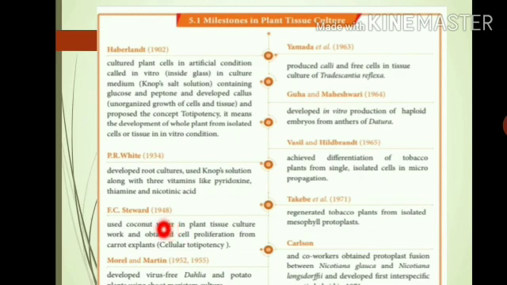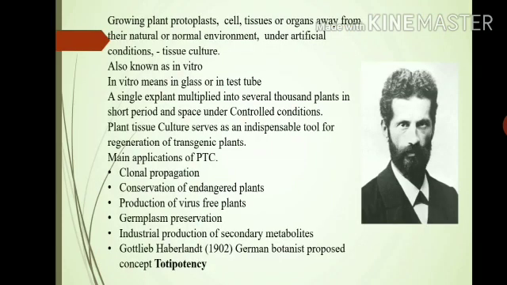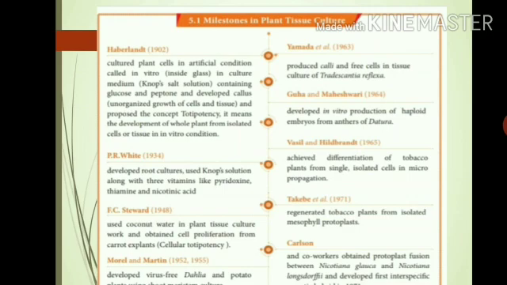That cellular endosperm can be added in plant tissue culture. So this technique is called cellular totipotency, because it is useful for culturing carrot as an explant in the year 1948.